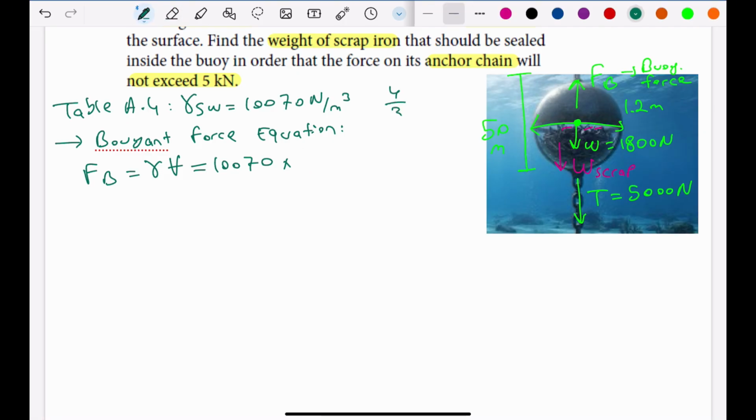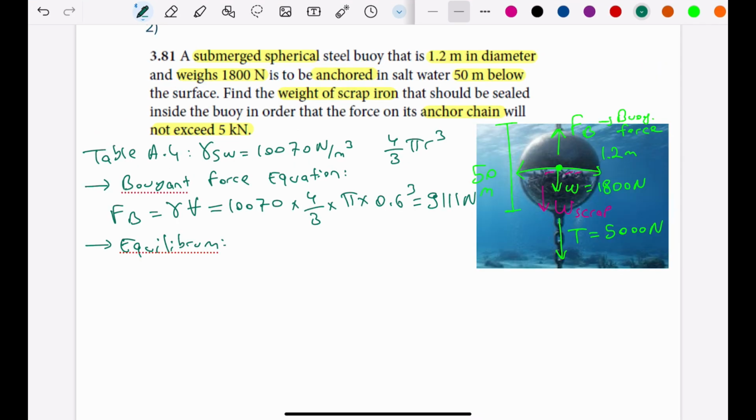Let me write it again. So we have times pi times the radius, which is 0.6, so we will have 0.6 cubed. We need to write equilibrium because we say that the total vertical forces are 0.